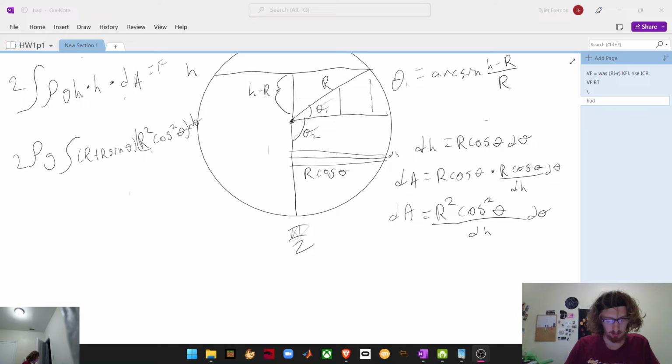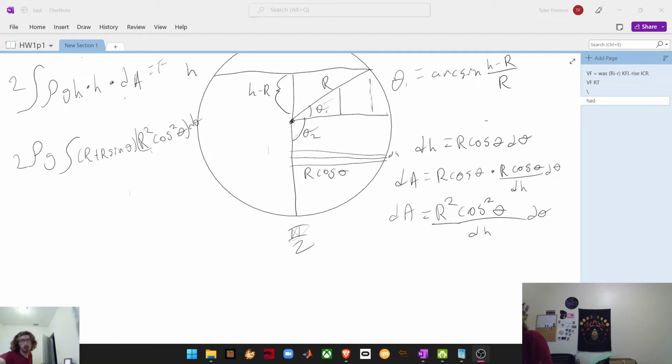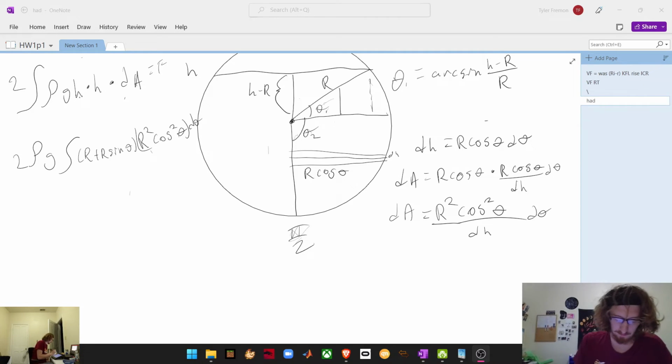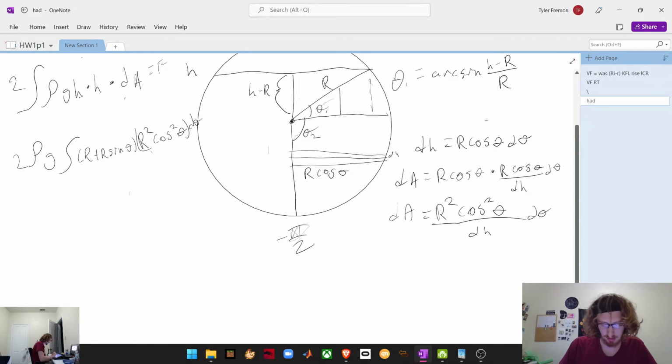Now that we have our integral, we just have to define our limits of integration, and then we can plug it into an integral solver like Wolfram Alpha. Okay, so our limit of integration, and sorry, I misspoke earlier, that should be negative pi over 2. Our limit of integration is simply going to be from negative pi over 2 all the way up to theta.